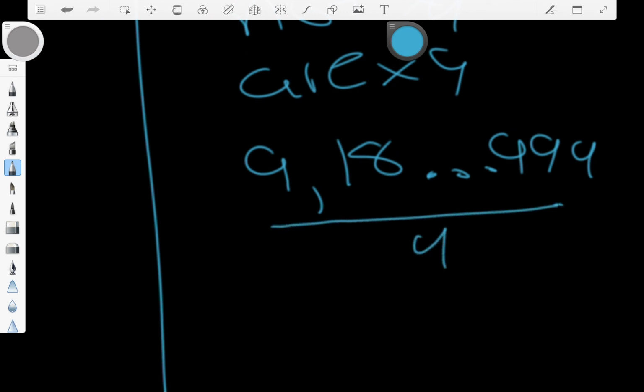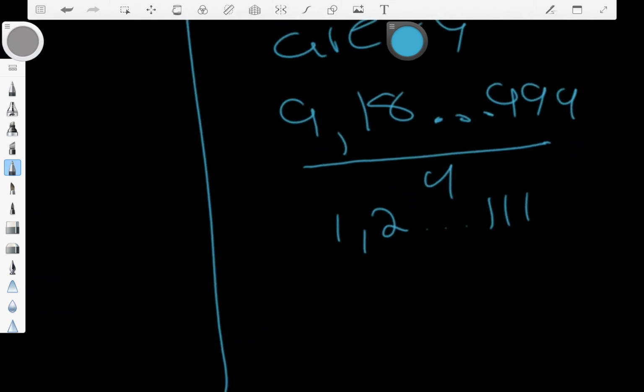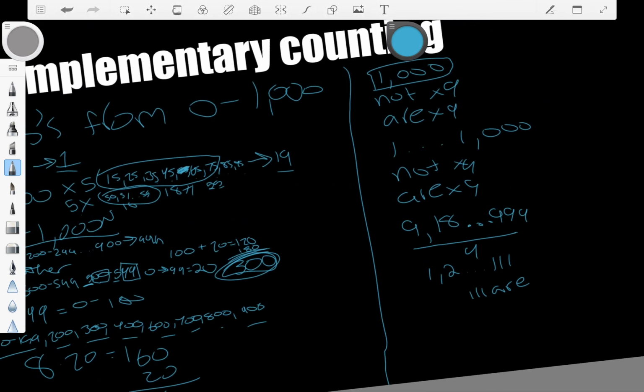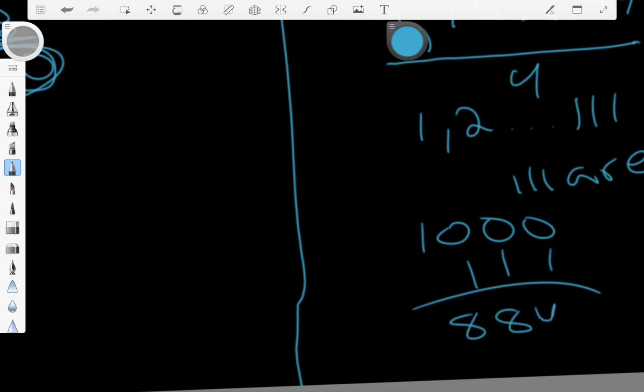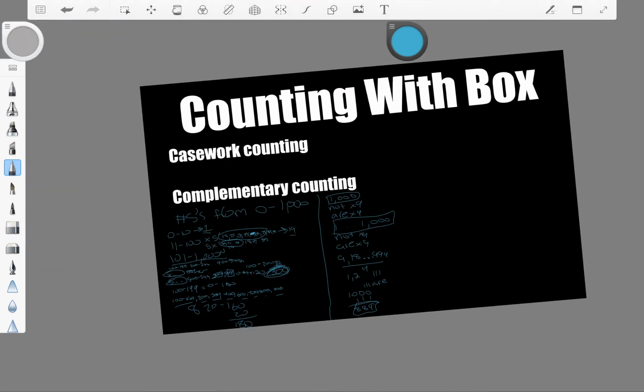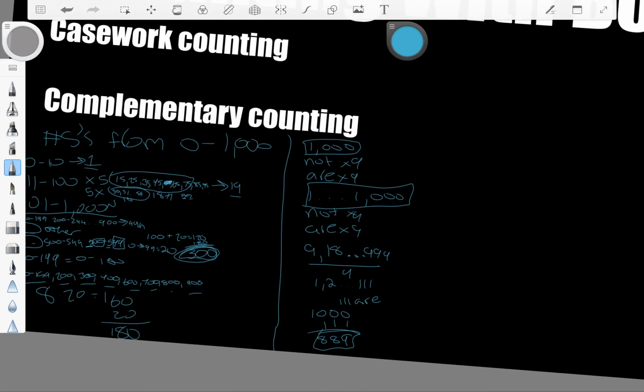Divide by 9: 1, 2, up to 111. So there's 111 terms that are. How many are not? Well, we have 1,000 terms in here. So do 1,000 minus 111, and we get 889. Our solution. And this is much faster than trying to find a different way.